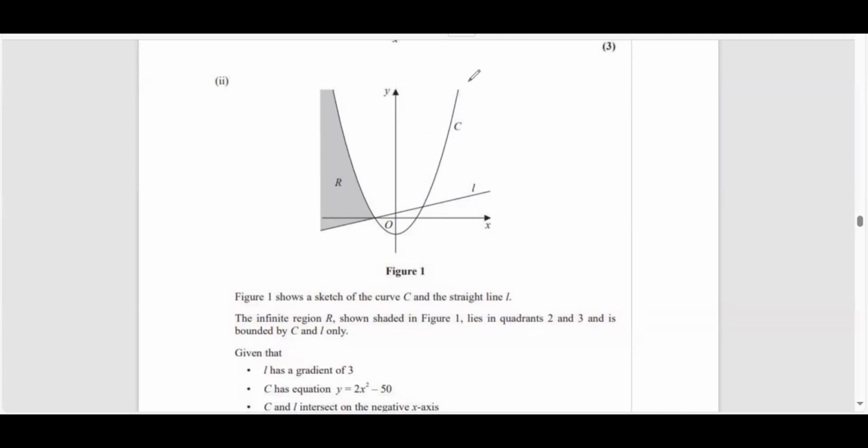So equation of the curve is already given, that is y is equal to 2x square minus 50. Equation of the line we need to find out. We know the equation of a line is always in the form of y is equal to mx plus c. Now the gradient of the line is given as 3, so this will become y is equal to 3x plus c. We need to find out the y-intercept now.